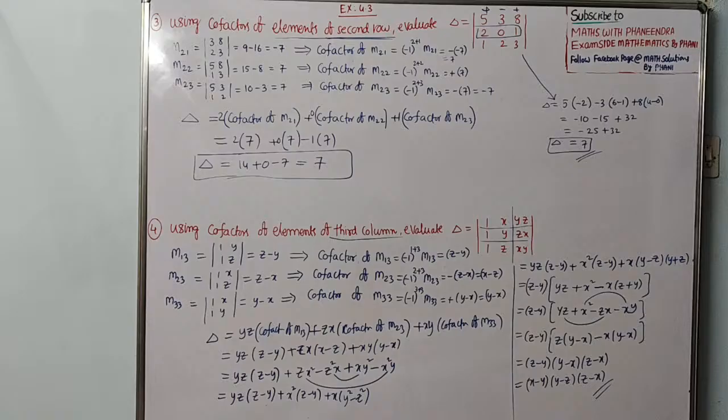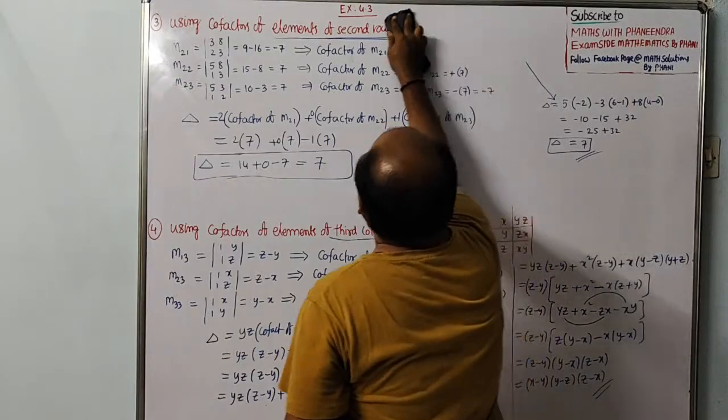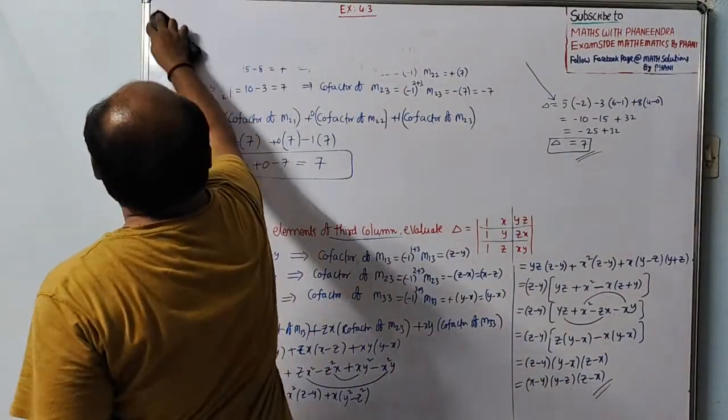Okay, anyway we got it. One more question is there. That is exercise 4.3, last question. That we will finish it. In the next class, we will go for 4.4.